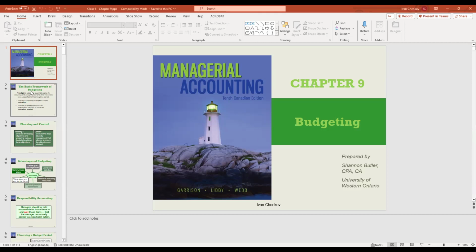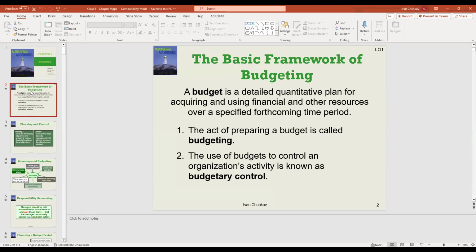Probably all of you make a budget to some level in your life. But let's try to find an overall definition for the budget and see what exactly a budget is. Well, budget is a detailed quantitative plan for what you get and how you're using it, either financial or any other resource.